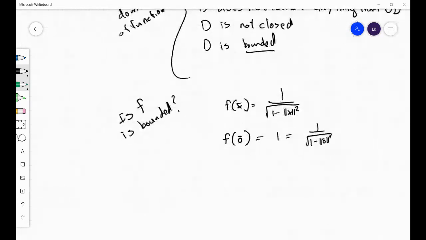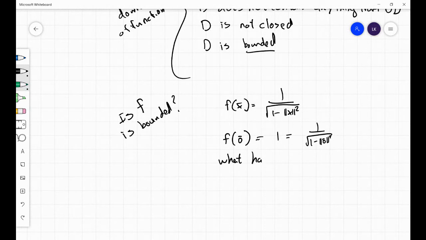Okay. But what happens as x approaches the sphere? You pick x's which are approaching the sphere where magnitude of x equals 1.